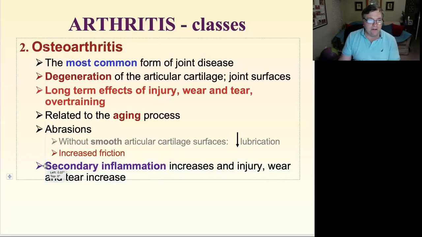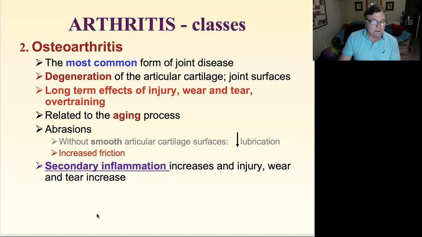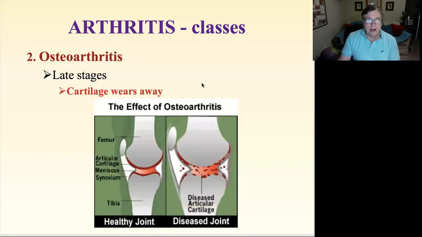This secondary inflammation is incredibly important, and in fact, I'm going to underline it. There we go. Because more and more we think the way to deal with osteoarthritis is actually kind of similar to the way we treat rheumatoid arthritis, which is to focus on anti-inflammatory and even immune suppressant type therapy.